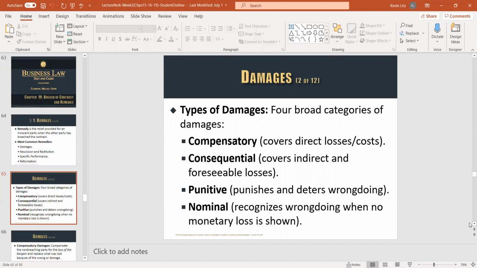Or you were going to supply me with the metal parts, and I, in turn, was going to make cars and sell them. Well, I've got damage. I wasn't able to sell cars because you didn't get me the metal parts in time. Consequential, it's even beyond those direct losses. And we'll get into that a little lower down here.